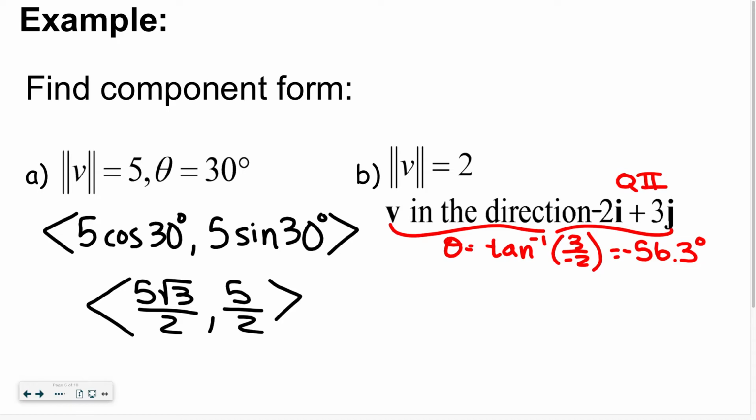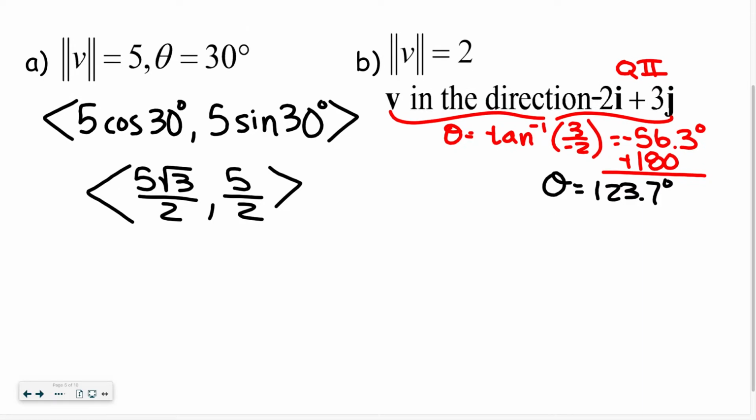We're in quadrant 2, so let's just add 180 to this. And so your direction angle is 123 point, can I say 7? I'm just going to round to the nearest tenth right now. 123.7?